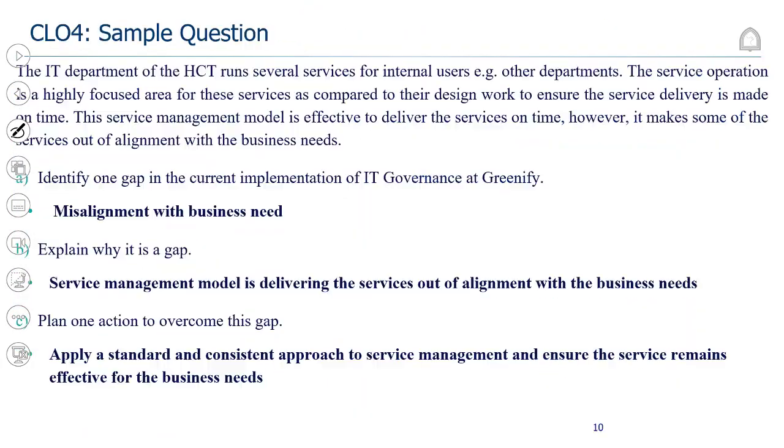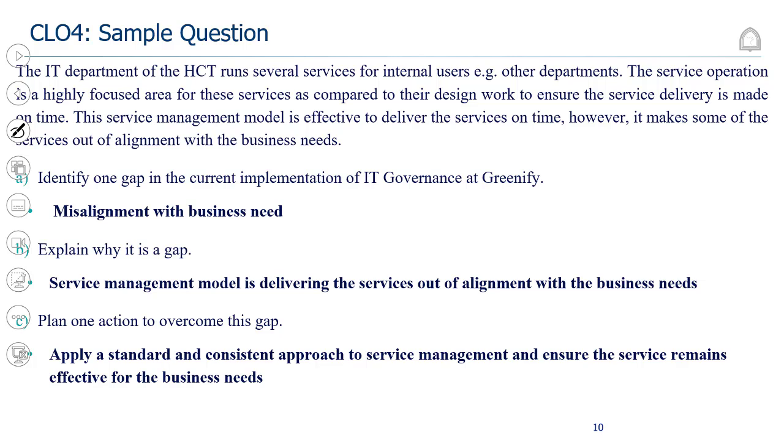So that is it. Let's go for this one here. It's not something that I could actually dwell on, but for CLO4, you will find a text and you'll be asked to identify the gap from the text, explain why it is a gap, and then probably explain an action that you can take to overcome it.